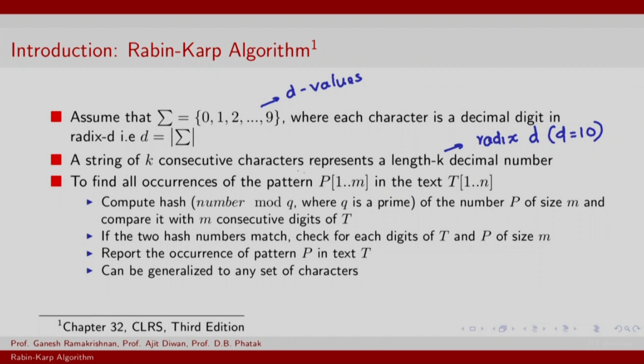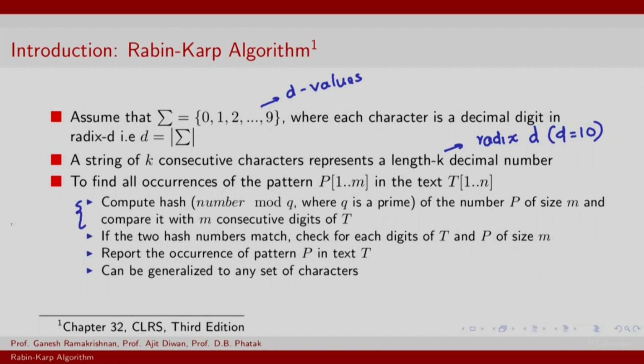So to find all occurrences of the pattern P in the text T, we will compute the hash, which is basically the number mod q, where q is chosen to be a prime, of the number P of size m, and compare it with m consecutive digits of T. Now why hash? Well, one could do the following.